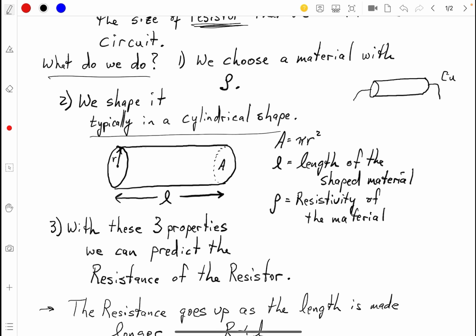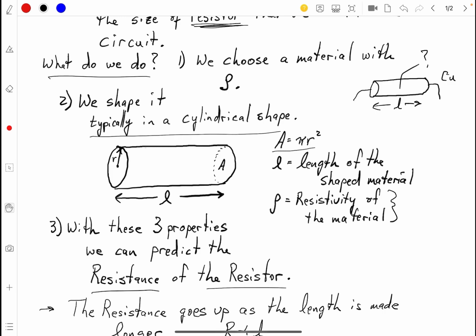We don't know what this material is, some unknown material, but it's shaped like this with some radius and some area. We can figure out the area, and we can measure the length of the material. So we know the length, we know the radius, and we know the resistivity because we chose the material based on its resistivity. With these three properties, we can predict the resistance for the resistor.